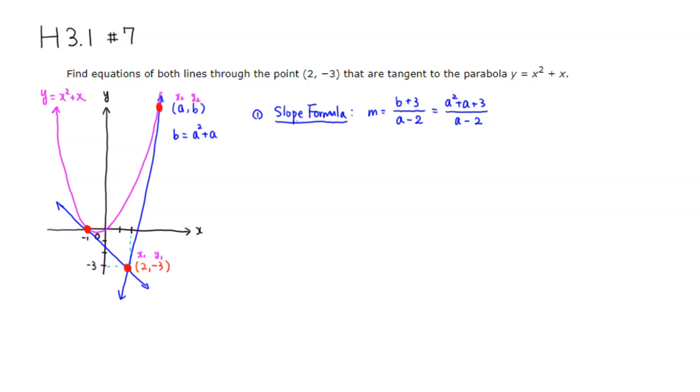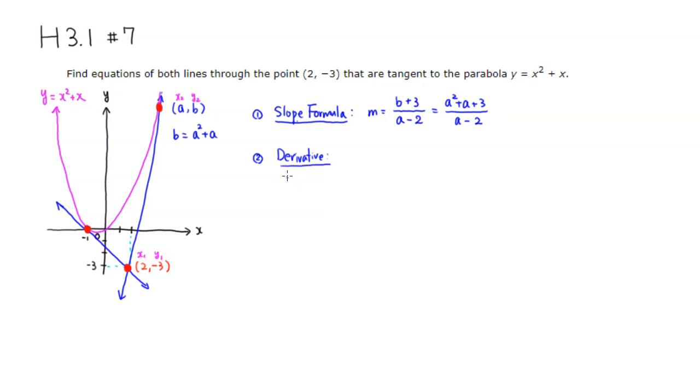Then we're going to express the same slope using the derivative. Number 2, we use the derivative of this parabola.